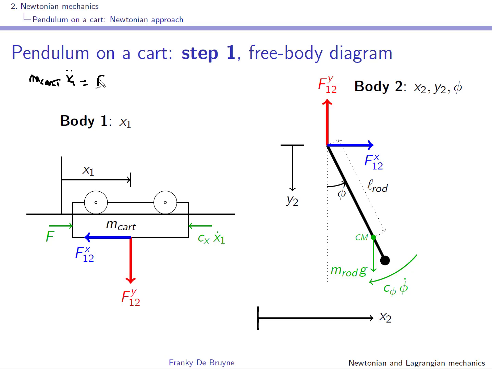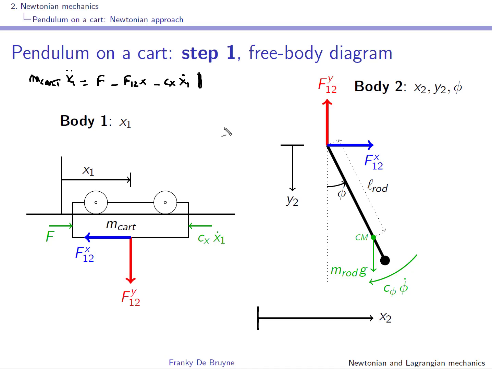You have F acting, then you have F_12x, and you have the friction force C_x times x1 dot. This is the only equation of interest for body 1.